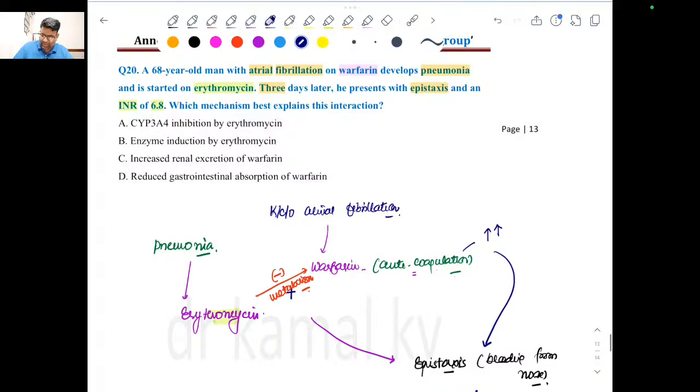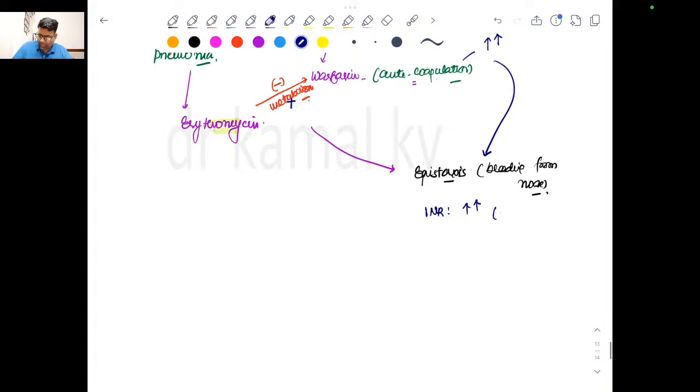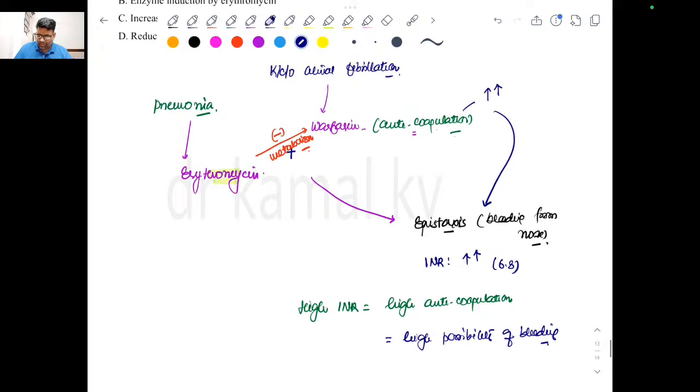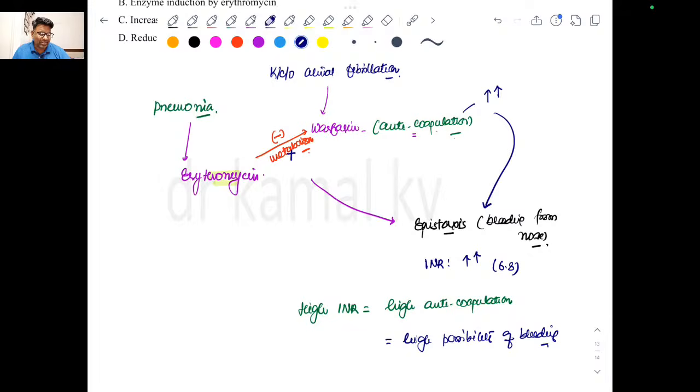So, INR you can see here is 6.8, and in the beginning I told you high INR means high anticoagulation, and high anticoagulation means high possibility of bleeding. Clear? So, that is what is being given in this particular case.